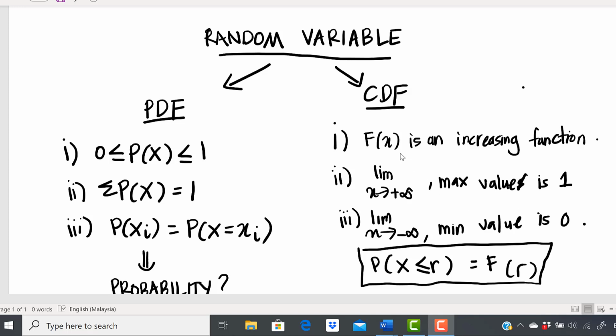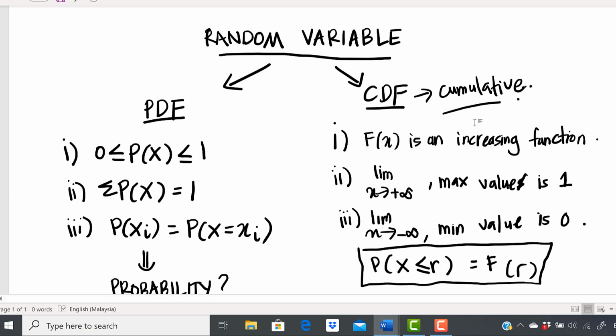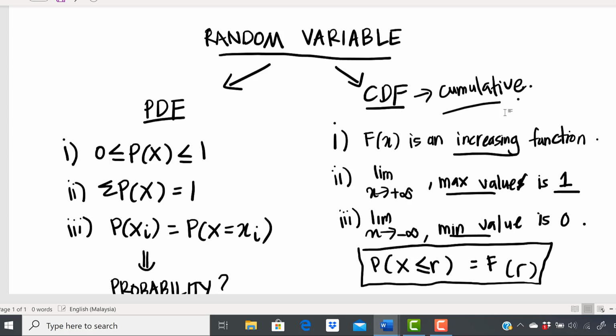As we know, the CDF is the cumulative. When we talk about cumulative, it means addition. We gather, we cumulate it. So that's why it's an increasing function. The maximum value when x approaches positive infinity is equal to 1, and when x approaches negative infinity, the minimum value is 0.